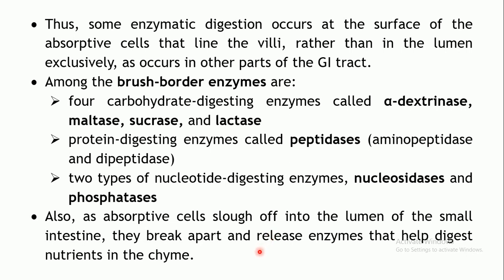So this has to do with the physiology of the small intestine. Mainly, what is the function of the small intestine? Digestion of the food, which is carried out by the several enzymes secreted in the pancreatic juice, the intestinal juice, or the brush border enzymes, and the absorption of the nutrients which are digested, by providing a great surface area.